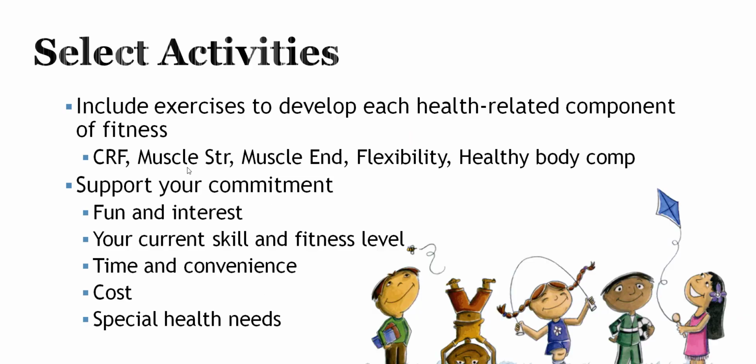Just like I just explained for the extra credit assignment, what we do as a next step is selecting the activities. We have to be addressing all these 5 components of fitness: cardiorespiratory fitness, strength, endurance, flexibility, and healthy body composition. How are we going to support our commitment?